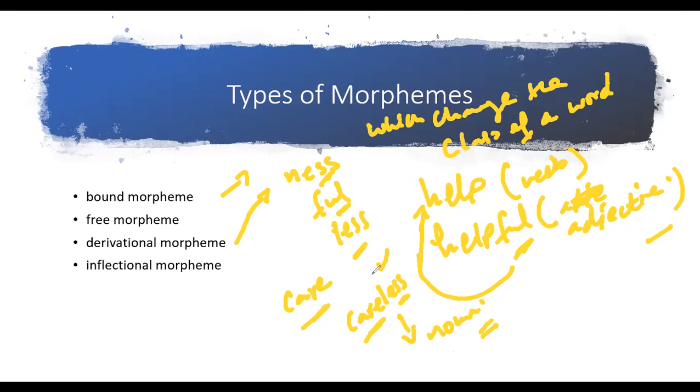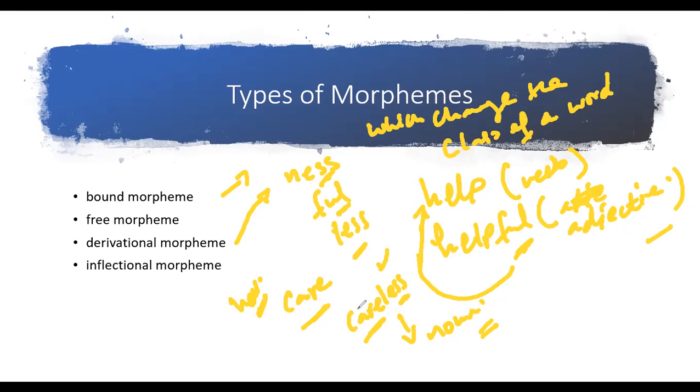So "careless" is a new word which is a noun. So "care" as the basic verb, as a free morph, belonged to the verb category, and when we added "less" to this one, it changed into a noun.